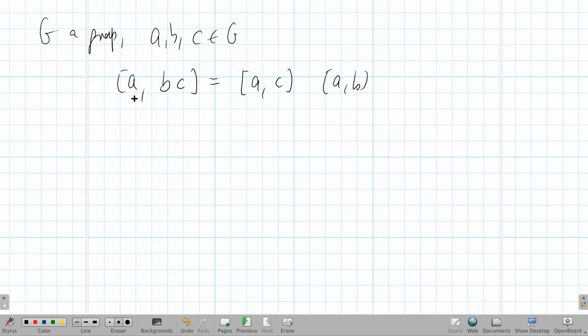Note that I've taken first the commutator with A and the second element here, and then the one with the first one. But this cannot be correct because this commutator ends with a C, because this is A inverse, BC inverse, and ABC. And so you put a C here, which means conjugate by C, the usual symbol. This means conjugate by Y.